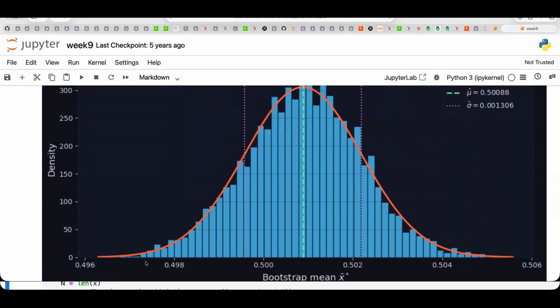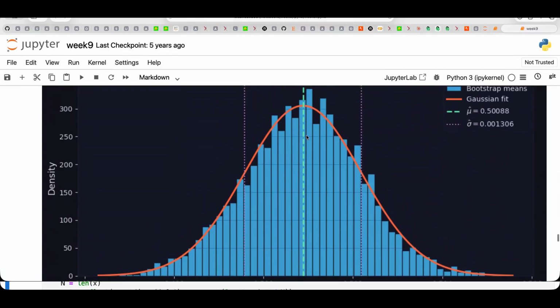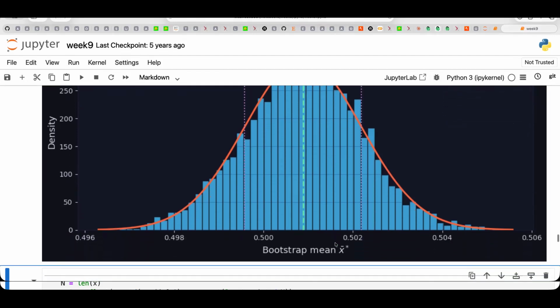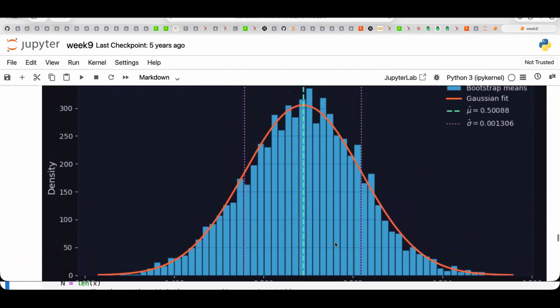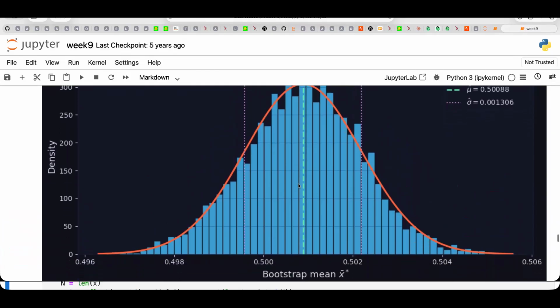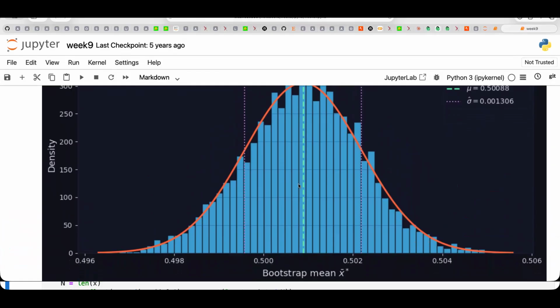You will see the different values for the mean value as a histogram, centered around the mean value here. It shows you the distribution of mean values of 3,000 bootstrap experiments. And you see that this moves towards a Gaussian. So this is the central limit theorem being applied.